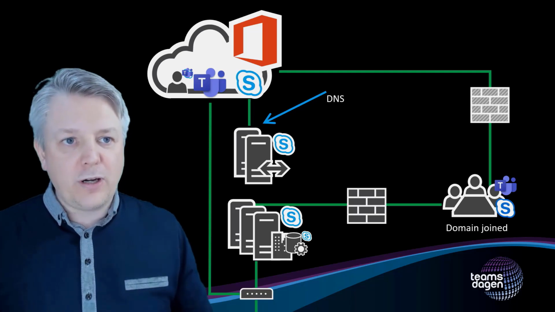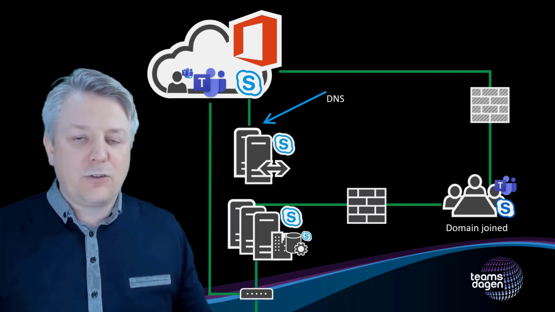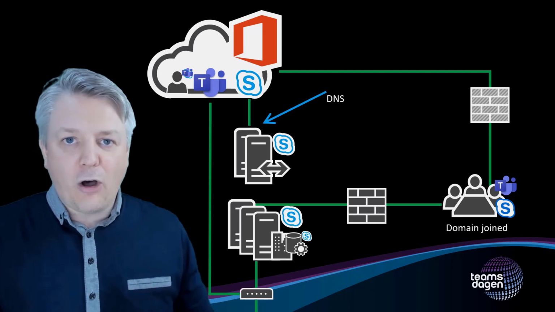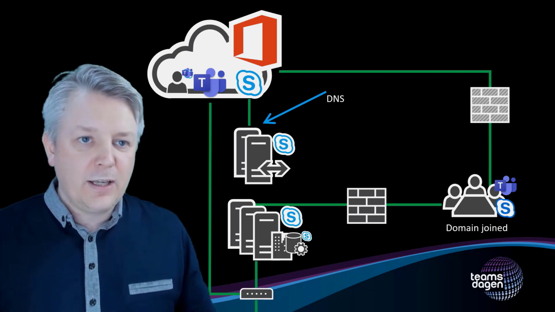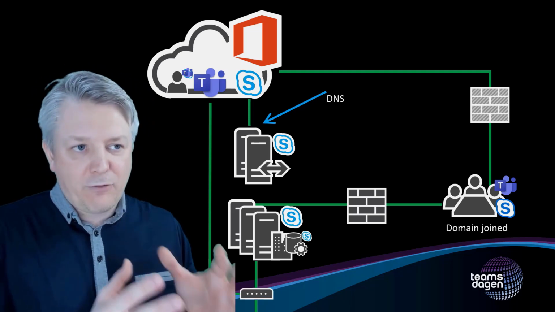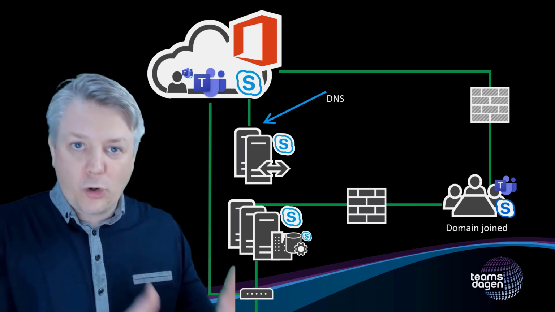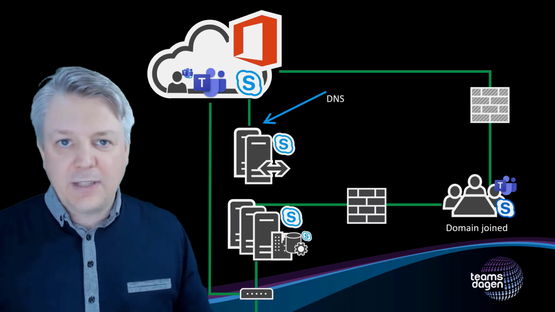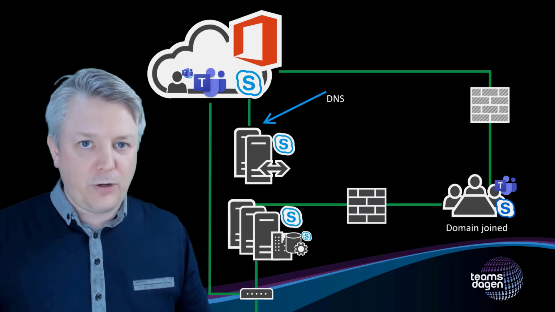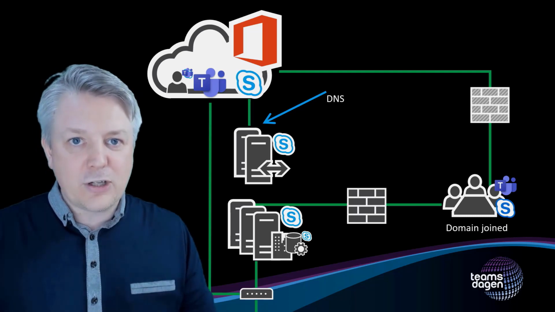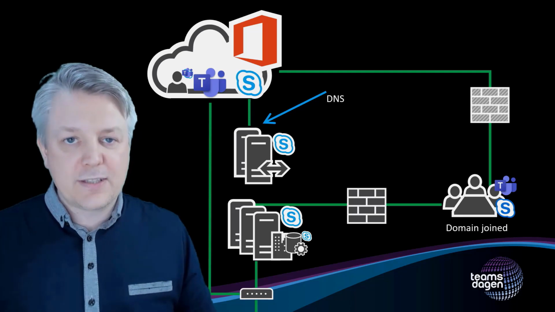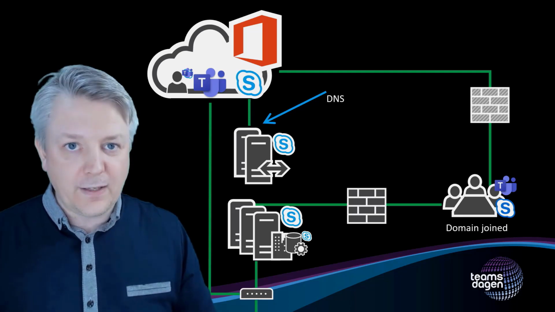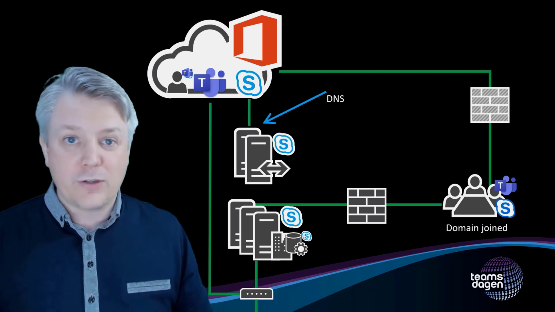As you see in the drawing here, if you are invited to a meeting by an on-prem Skype for Business user, that meeting room needs to have connectivity and be able to join that Skype for Business server locally. That tells us two things. We need to trust the computer and the certificate, and we need to trust the certificate authority that resides on the internal Skype for Business.